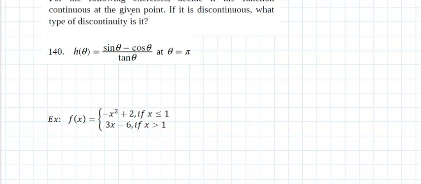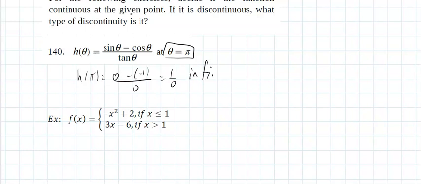If we look at this, at pi, if I substitute pi in, I notice that that is 0 minus a negative 1 over 0. That's 1 over 0. Sin of pi is 0, correct. So wouldn't that be automatically an infinite discontinuity?